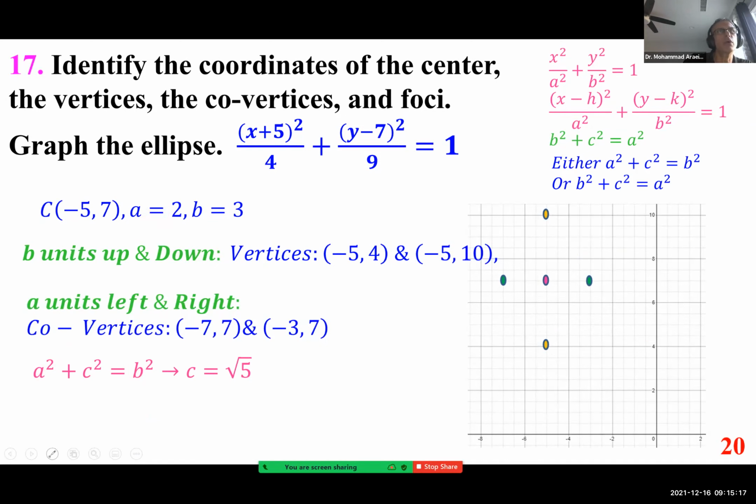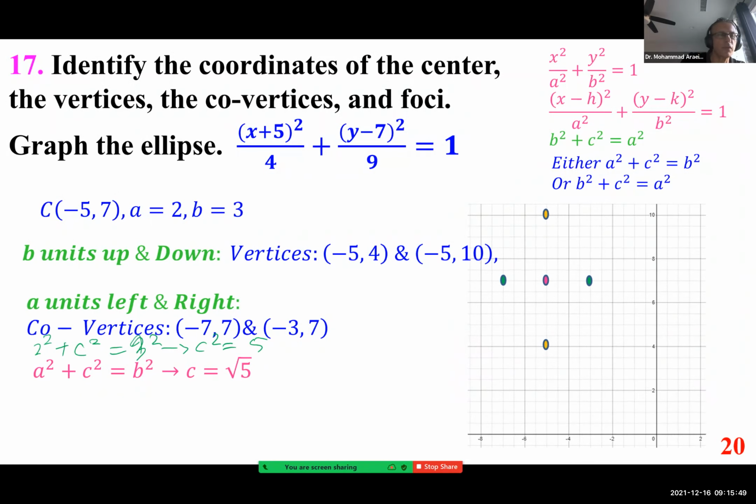So if we were to write that, 2 squared, which is 4, plus C squared, which is missing, equals B squared, which is 9, or let's just write 3 squared. And therefore, C squared is 9 minus 4, or 5. C becomes square root of 5.